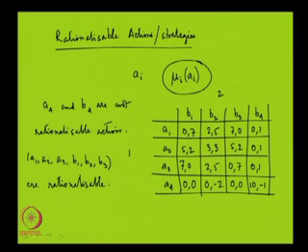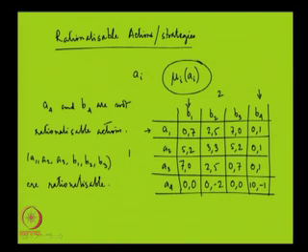Let us look at B4. Why am I saying that B4 is not rationalizable? The point about B4 is that no matter what action is taken by player 1, B4 is never going to be played. If player 1 takes A1, then B1 is the best action, right? B4 is not being played.